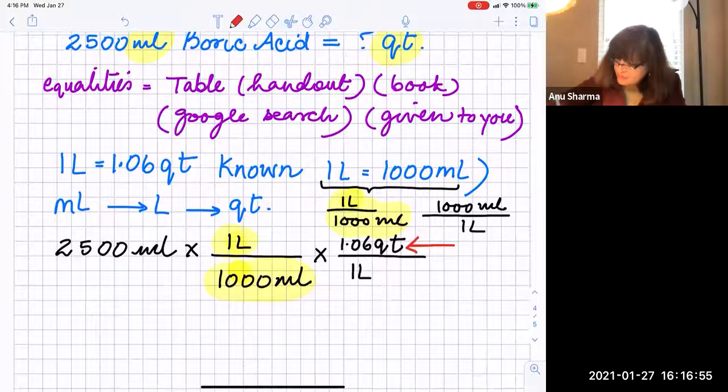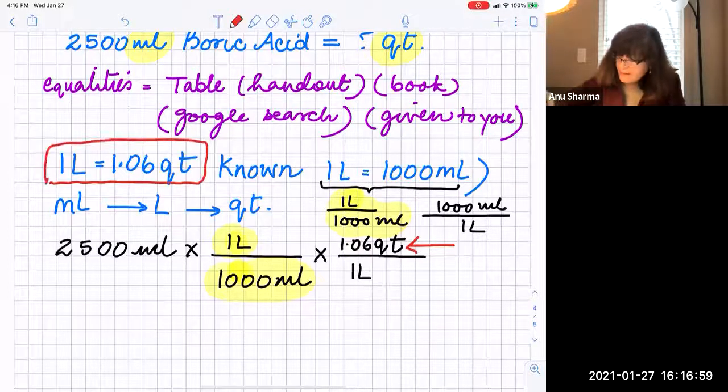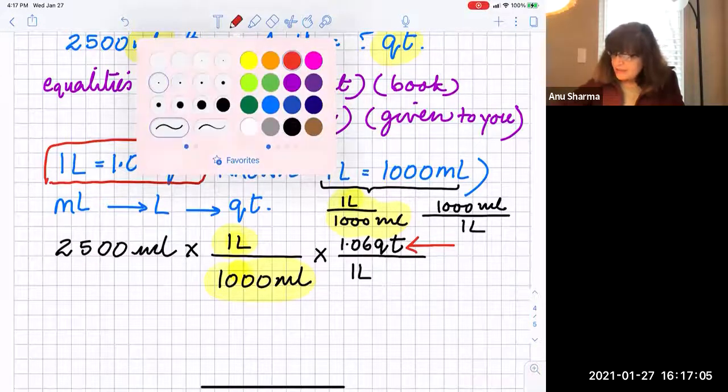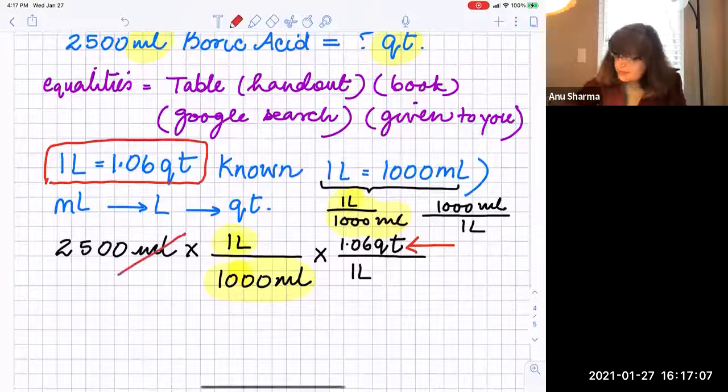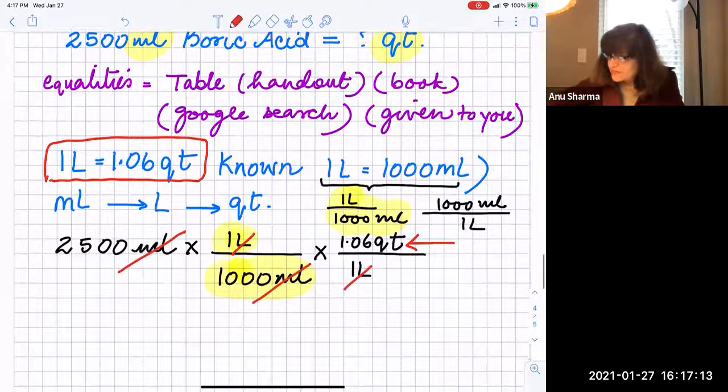And where did we get this? Right here, the two conversion factors of it. Now the milliliters cancel out, the liters cancel out, and you're only left with the unit of quarts, because that is what the question wants.